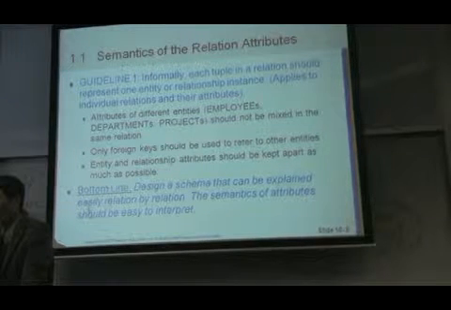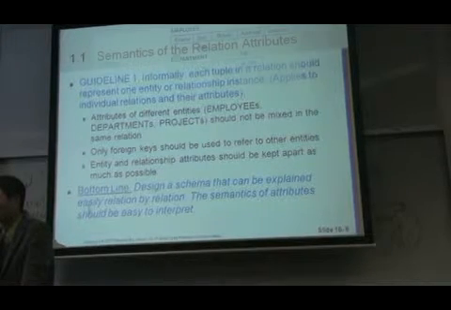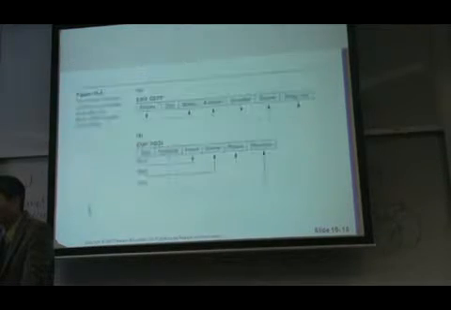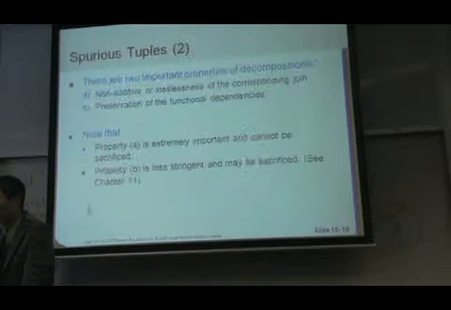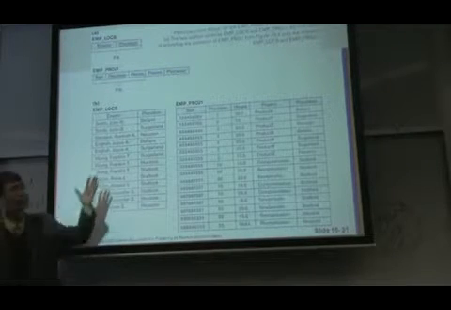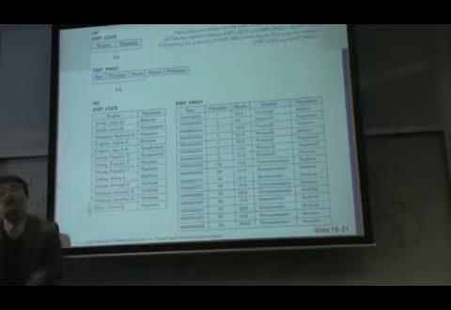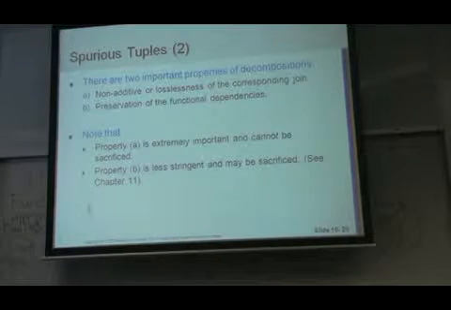The informal way of judging the goodness of a database is the first guideline, second, third and fourth guideline. I think you understand the first, second and third guidelines easily, but the join problem, the fourth guideline about spurious tuples, is the one to see.